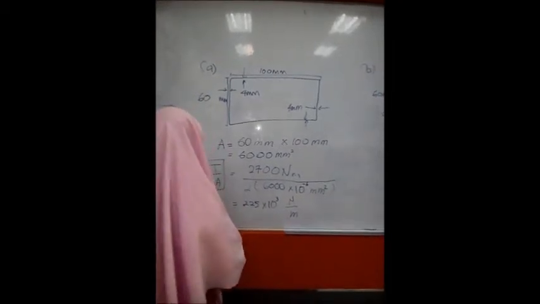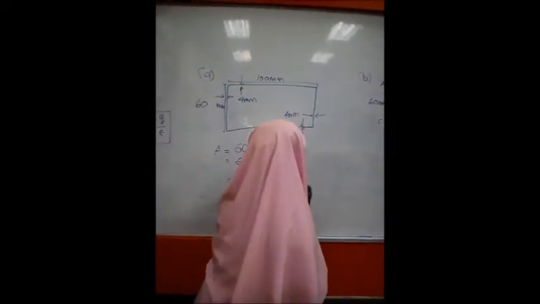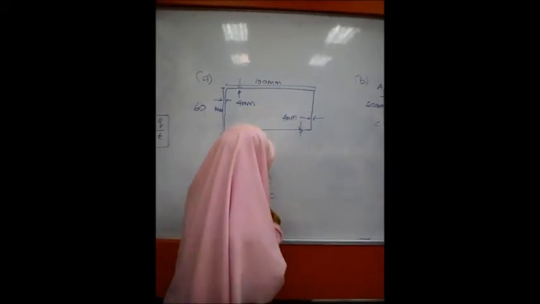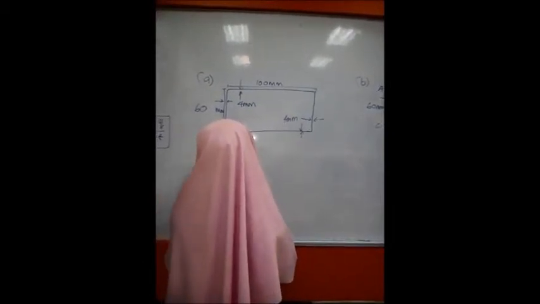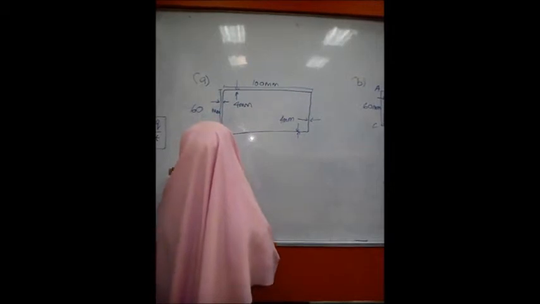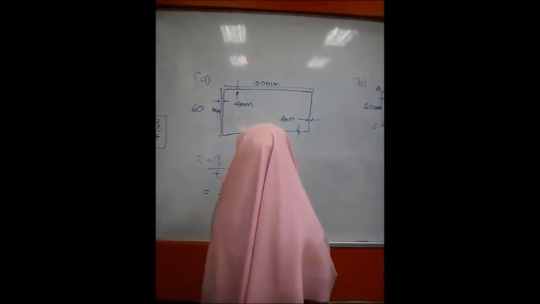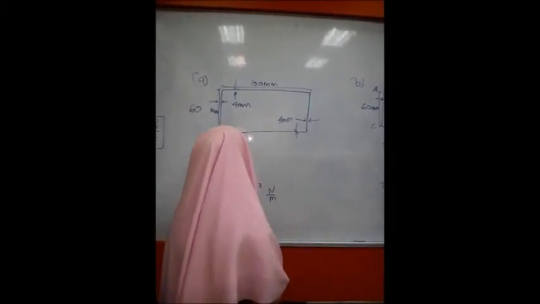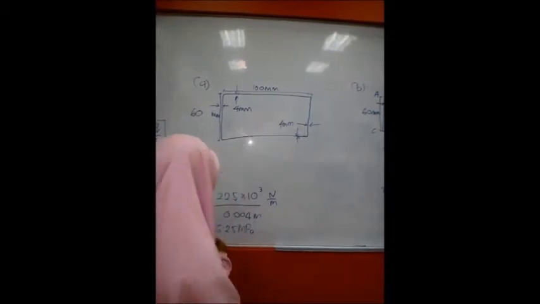So to find shear for A, we substitute the value we got just now. The formula is Q over T. Okay.